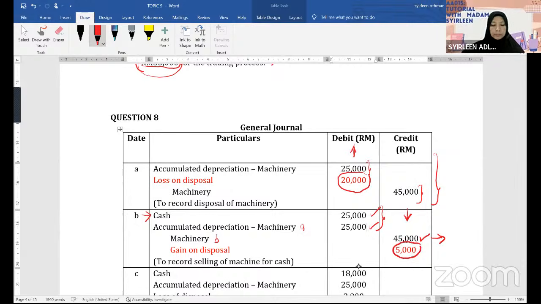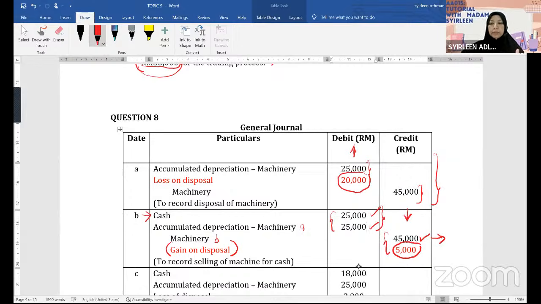So since this amount berada di sebelah credit, that means that is your revenue. So actually what you are getting is gain on disposal. Okay, so bila kita tambah 5,000 di sebelah kredit, so you boleh nampak you punya journal dah balance. Sebelah debit ialah 50,000, sebelah kredit pun 50,000.